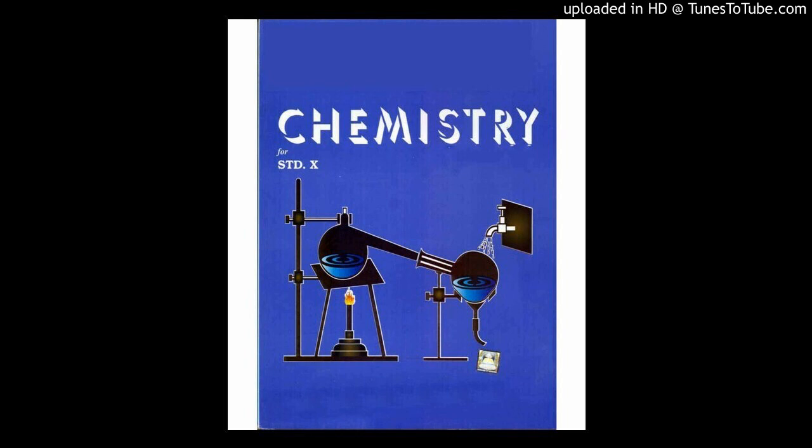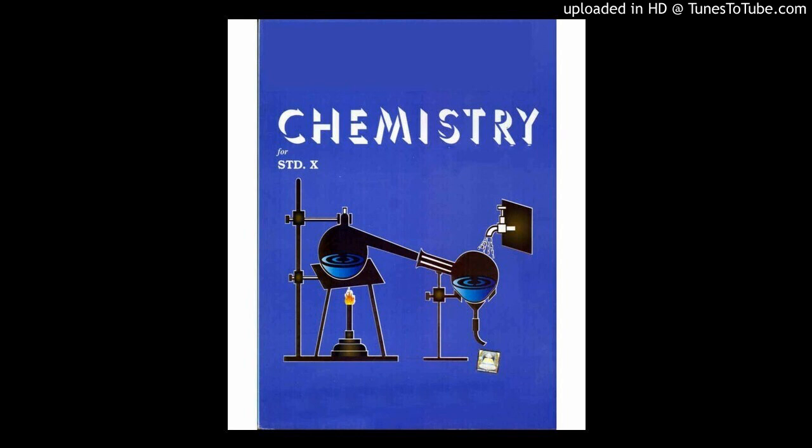The red litmus solution will rush through the delivery tube, and as soon as it comes in contact with the ammonia, being basic in nature, the red litmus solution will show the blue fountain. So this is your fountain experiment. And what is the aim of the fountain experiment? The aim is to show that ammonia is highly soluble in water.